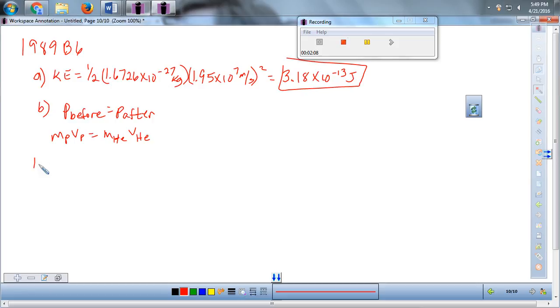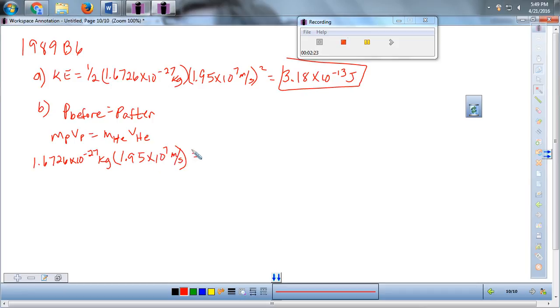So this was my 1.6726 times 10 to the minus 27th kilograms, moving at 1.95 times 10 to the 7th meters per second.